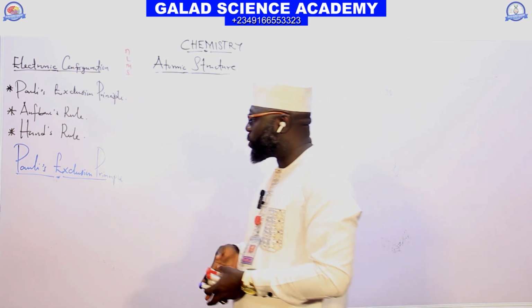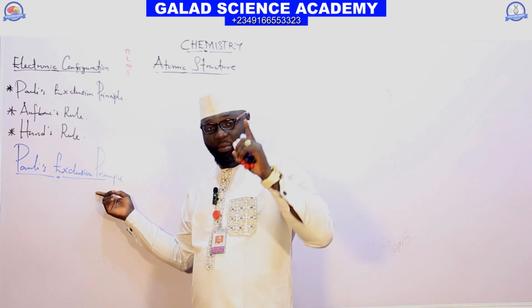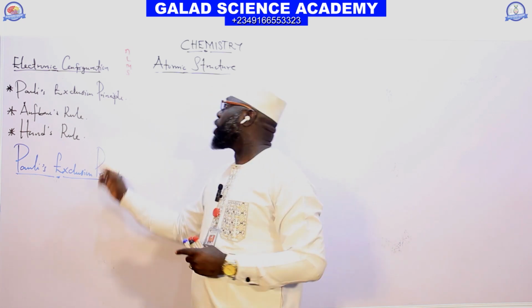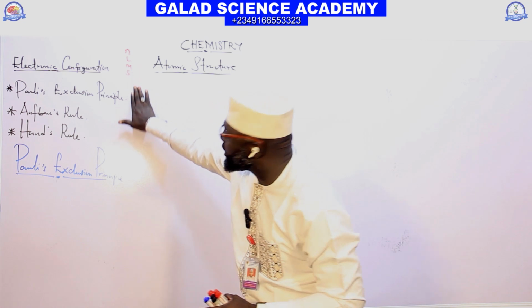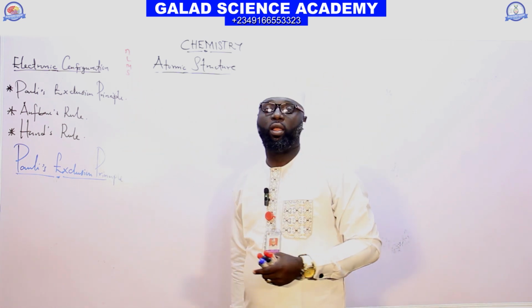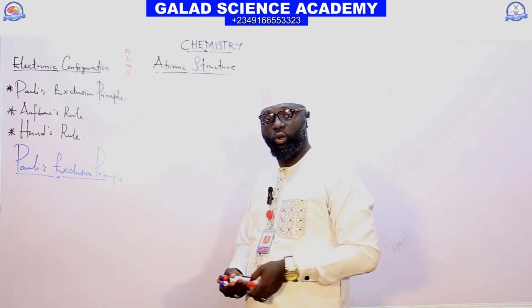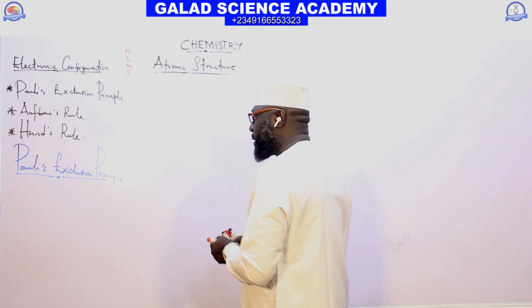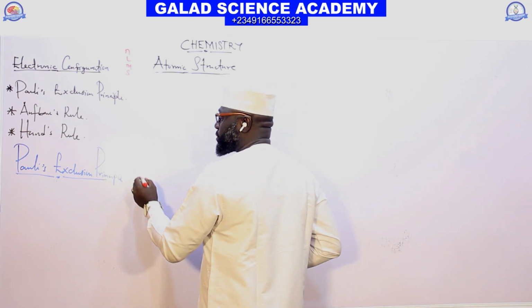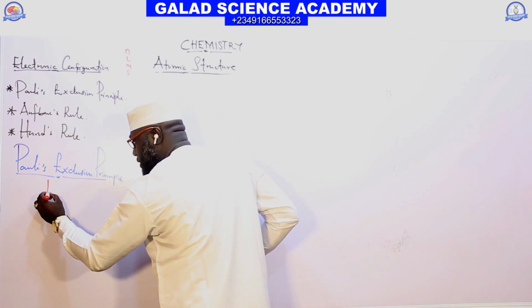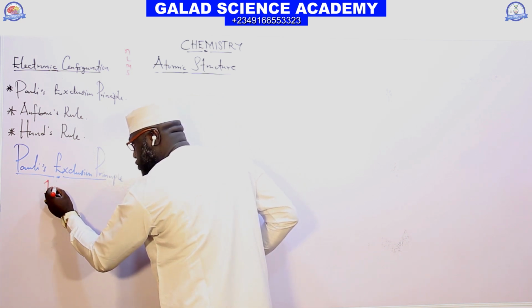And this man said it can never be possible for the same electron in the same orbit to have the same value for the principal quantum number. Take for example, assume we have 1s2.